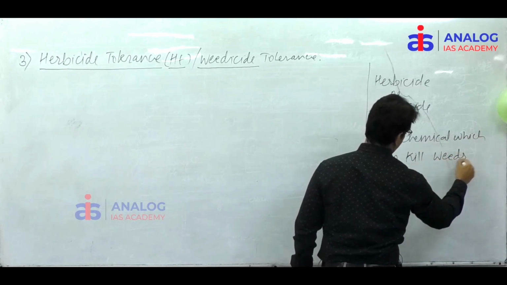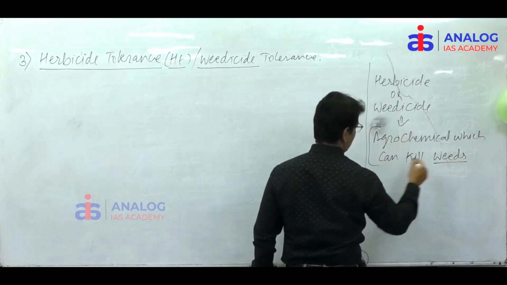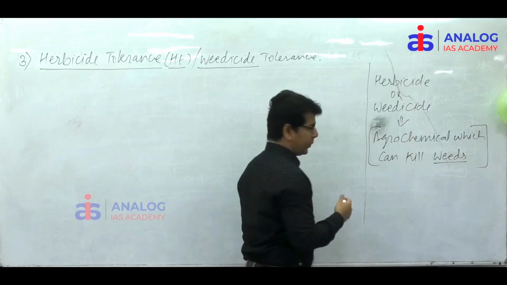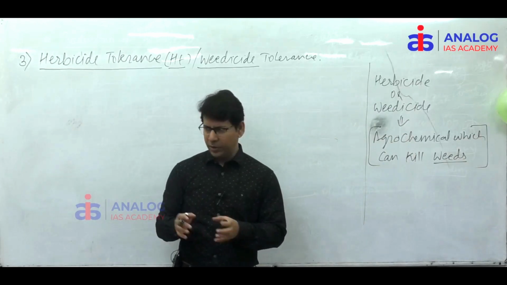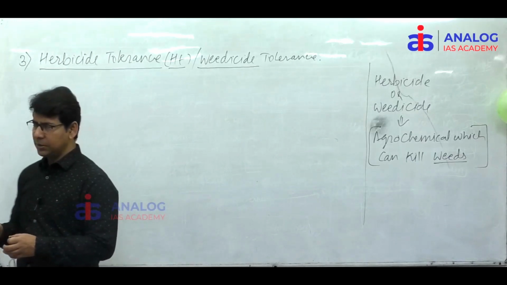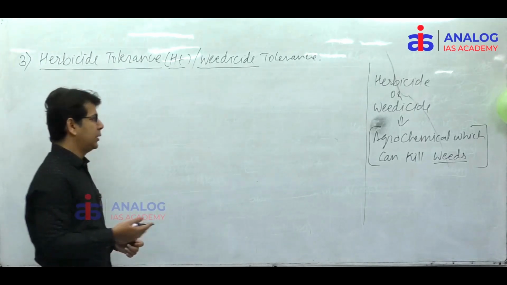You know, weeds are the plants which grow along with the crop, right? These are called weeds, these are called herbs. Weed is the perfect term because this is an unwanted plant which is growing.